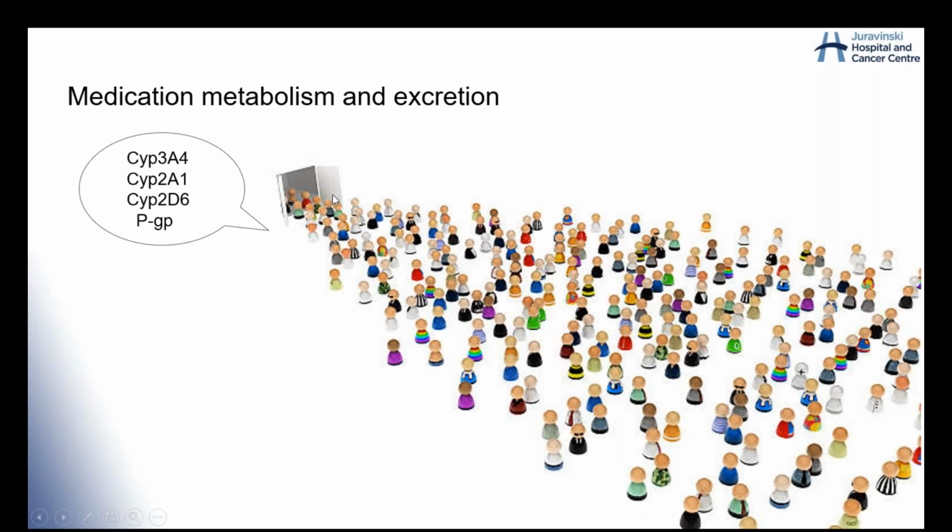There are other medications that will open these doors wide open, and then these medications will leave quickly, sometimes before they're able to even do their job. These are a common type of interaction that we're going to see over and over. I wanted to give this idea so that when we go into the details, this open and closed door analogy will make more sense.